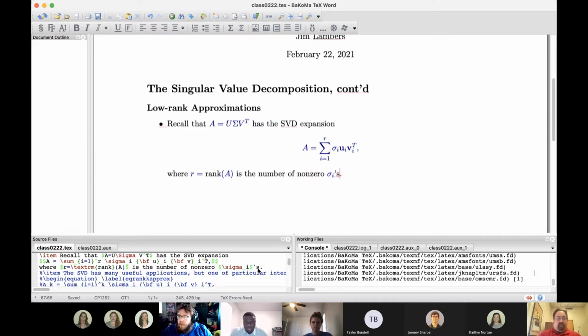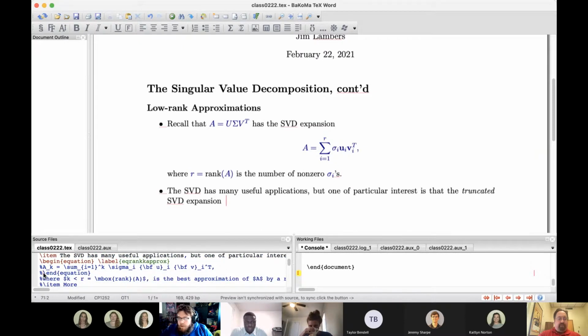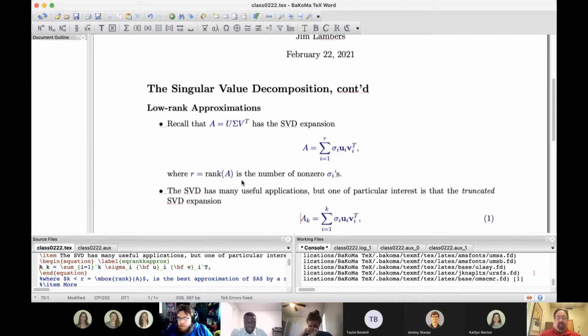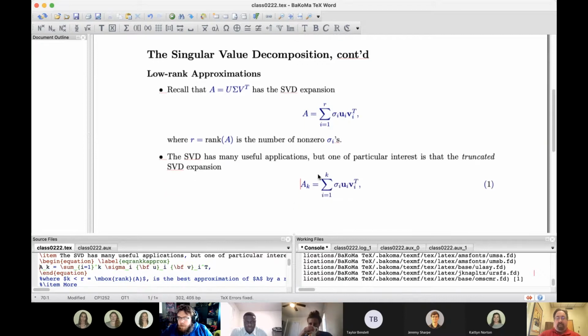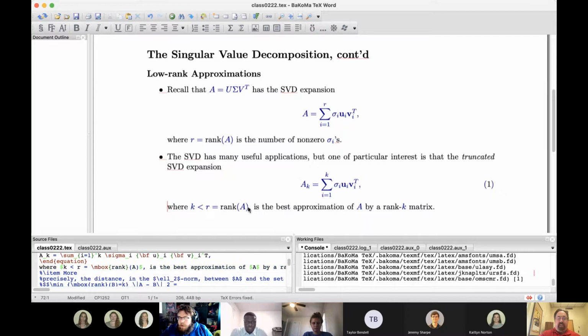So what you can do is, what if you decide to truncate this series, this sum? So here we have the same sum, but I'm cutting it off after k terms, where k is strictly less than the rank.